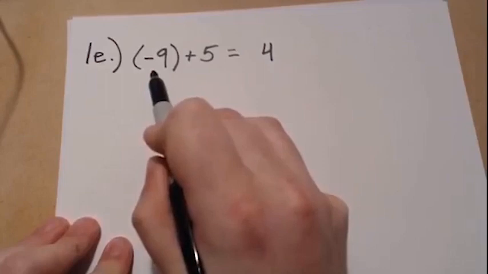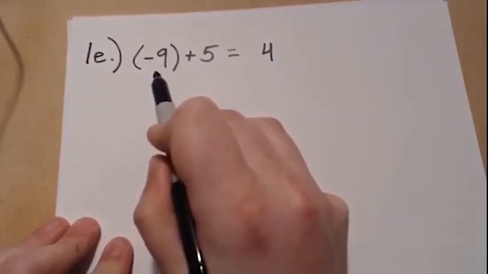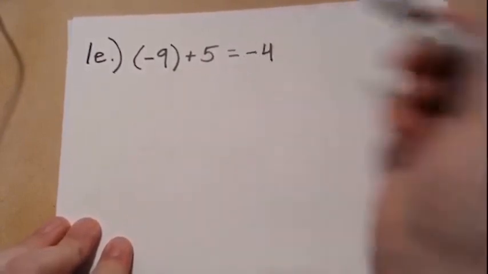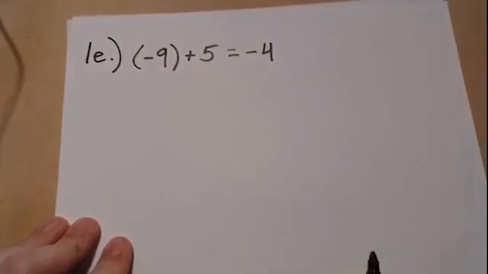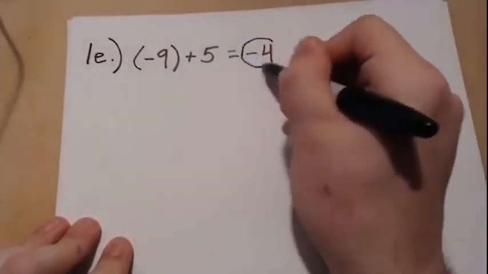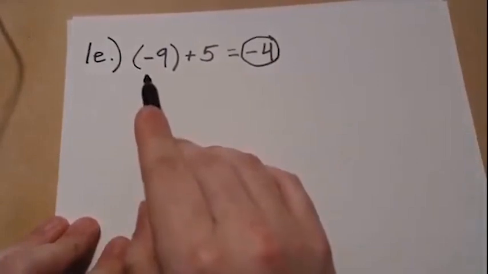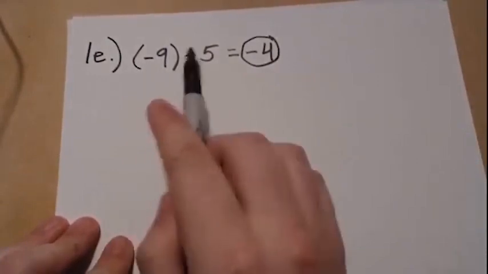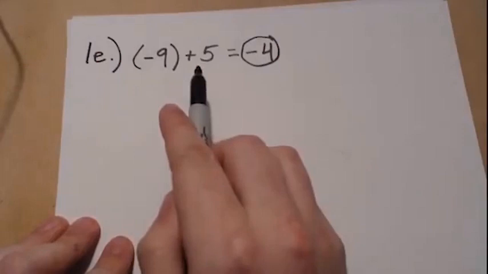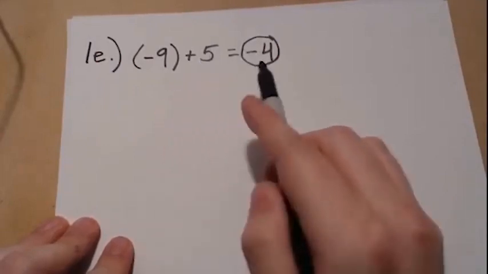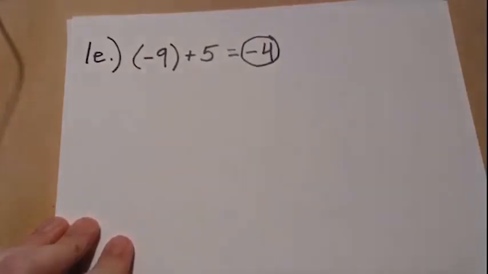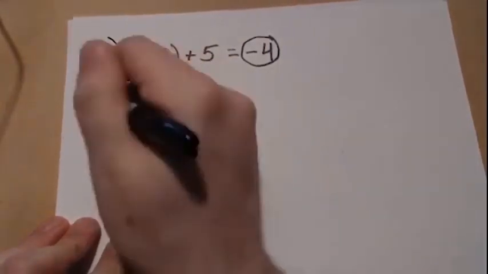The negative 9 did, because 9 was bigger than 5. Since the absolute value, 9, came from the negative number, our answer is negative. If we think about the number line, if we started at negative 9 and moved 5 to the right, we would still be negative, but we would be closer to 0. So we ended up at negative 4.